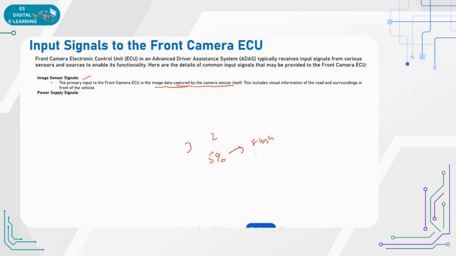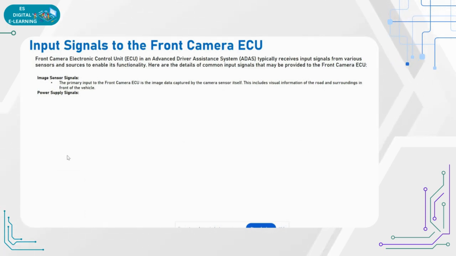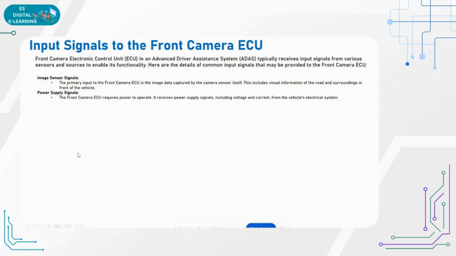Even to take one image, more power consumption is required. More voltage is also required to act on the application and to process the image data you are taking. Here we require the power supply signal for our ECU.